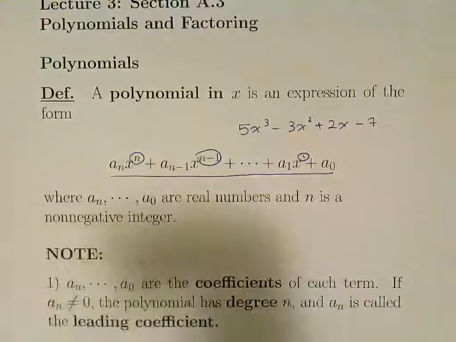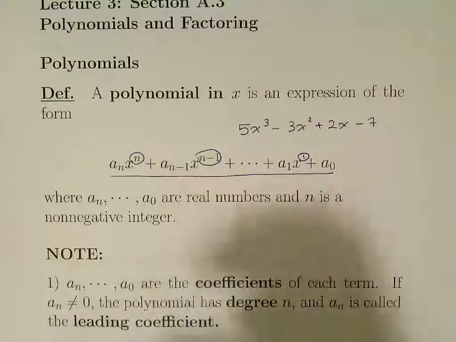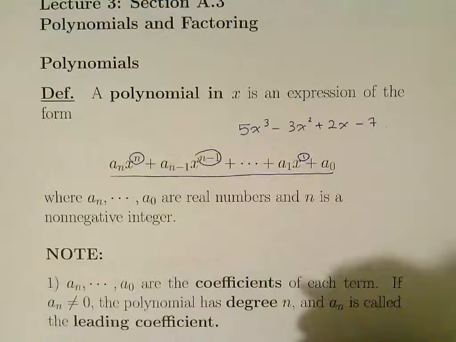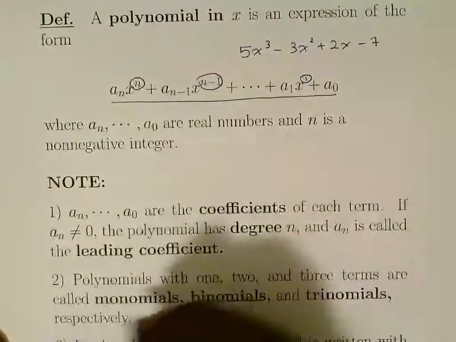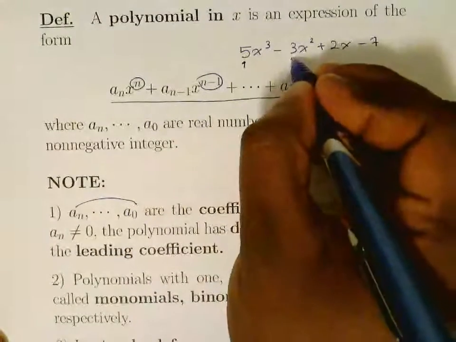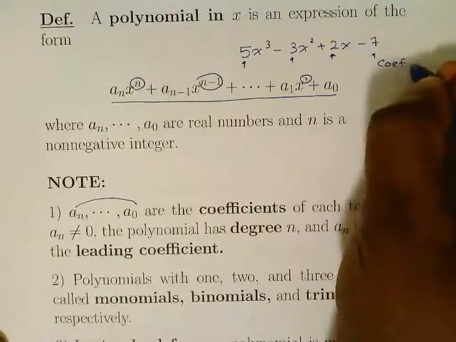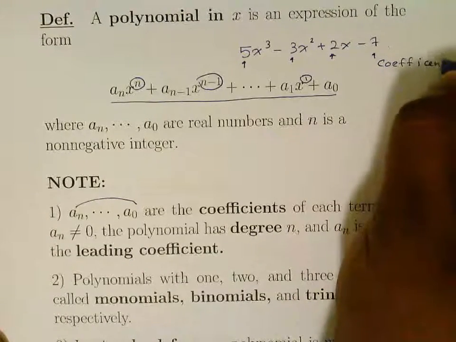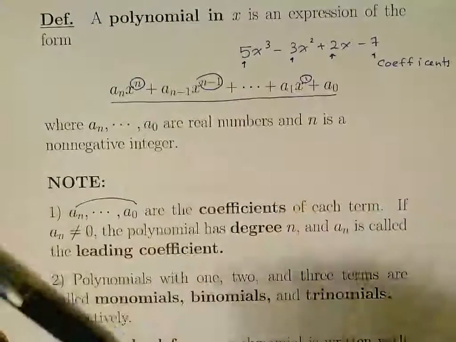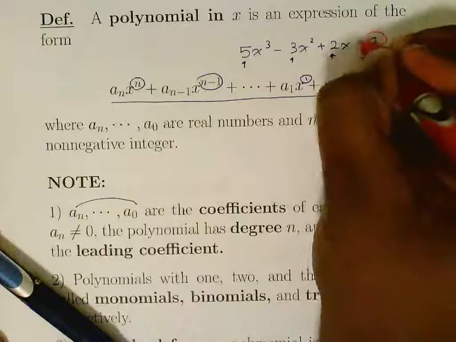So there are two main things we can do. We can factor polynomials and we can distribute polynomials. Okay, so let's just talk about some naming things. The numbers in front of the variable are called coefficients. And this last number has a special name.